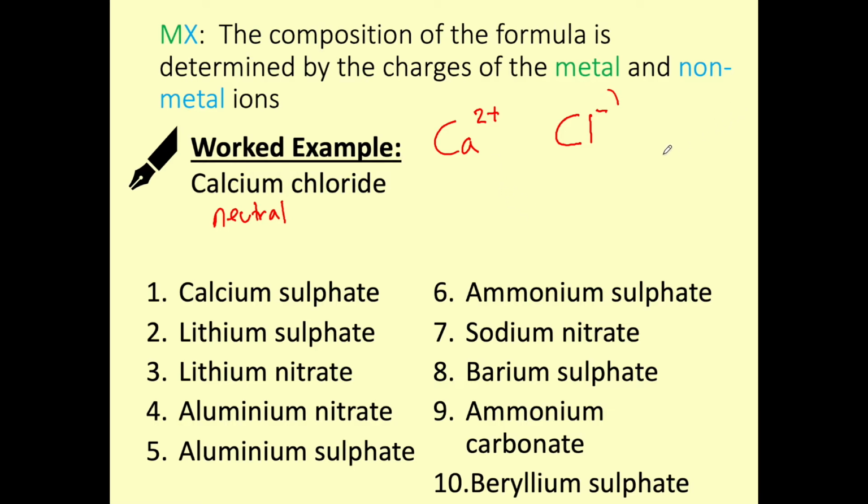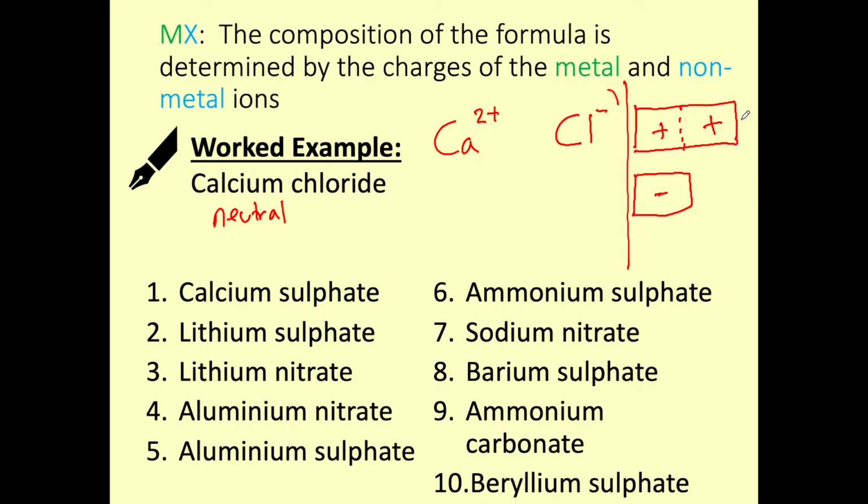Now there are 2 ways that you could do this. The first way is you could use a visual diagram to compare our positive and negative charges. So here we've got our calcium ion that's worth 2+, and then we have our chloride ion that's worth 1-. So at the moment you can see there are 2 positives and 1 negative.